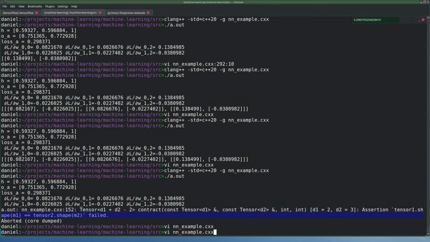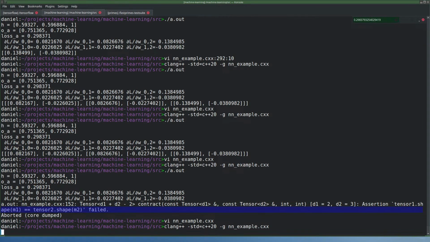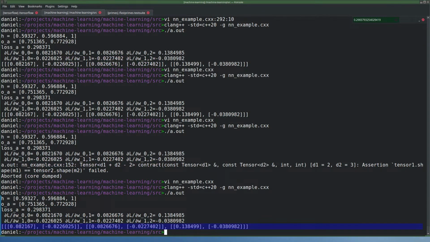And let's write this out in the correct way. I think that the inner... Why the hell is it putting square brackets around the scalar? Oh, because it's a depth 1.